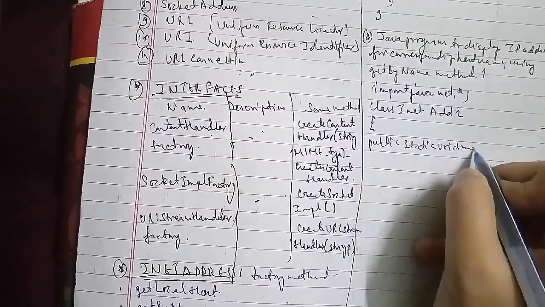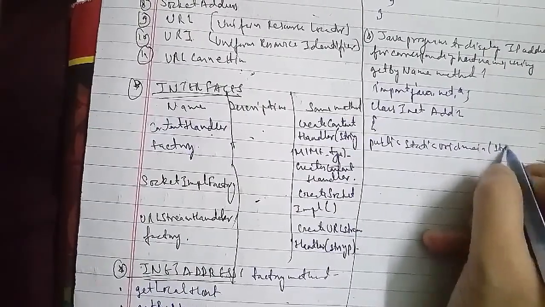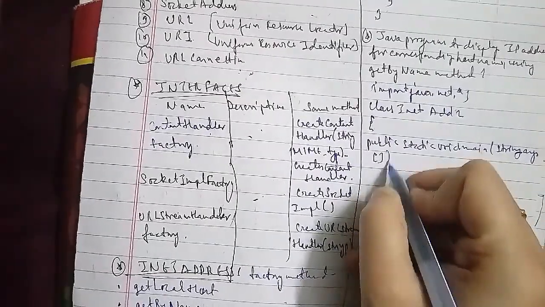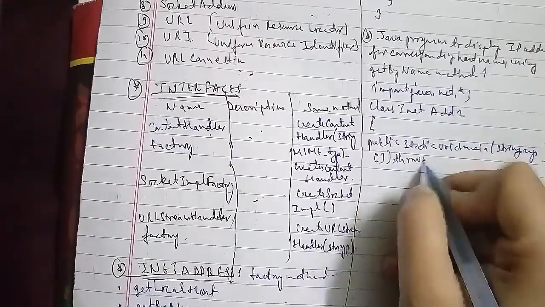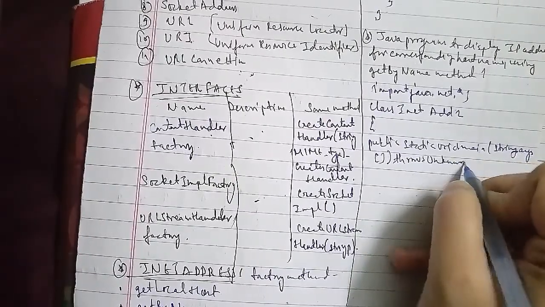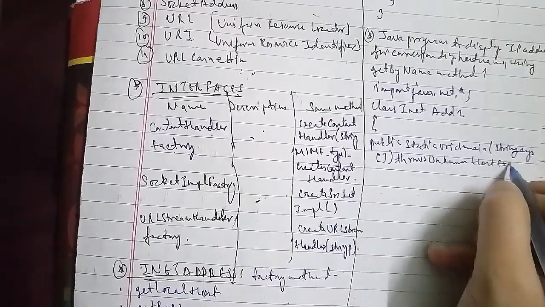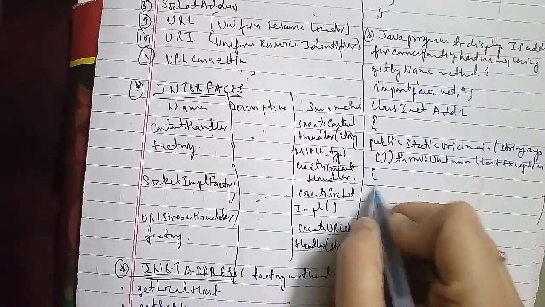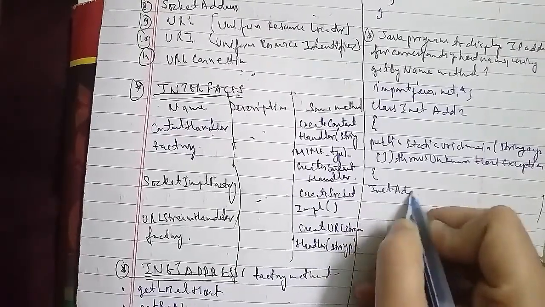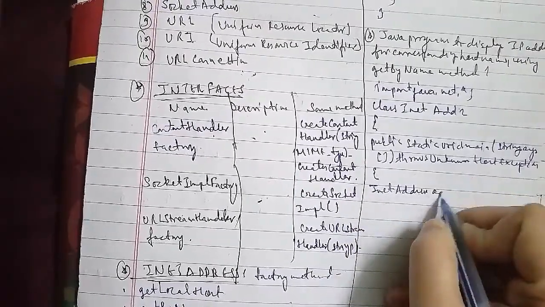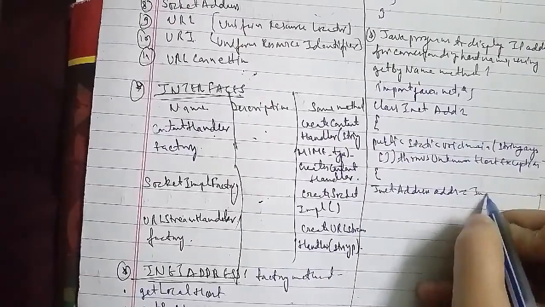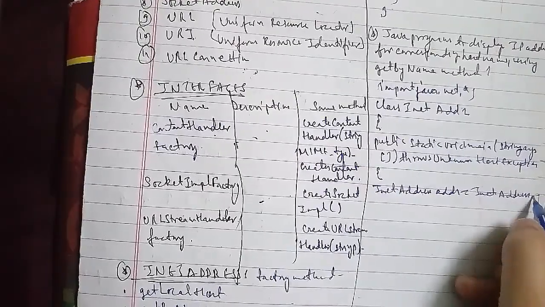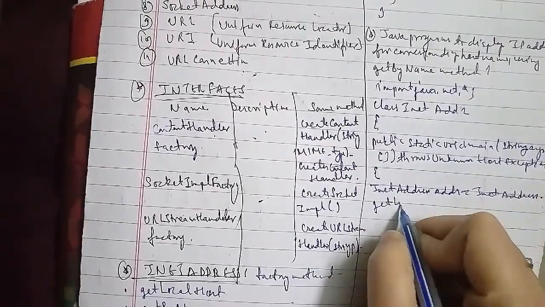Then we have System.out.println, then addr, that is my address. Then address equals InetAddress.getByName, what they had told you to use, that is vtubooks.com.